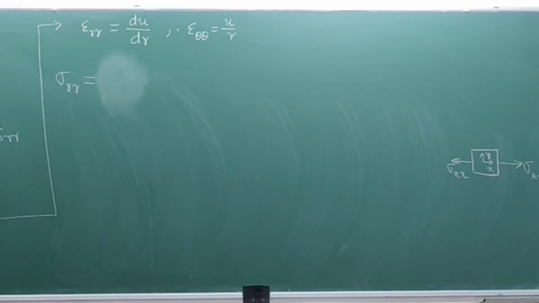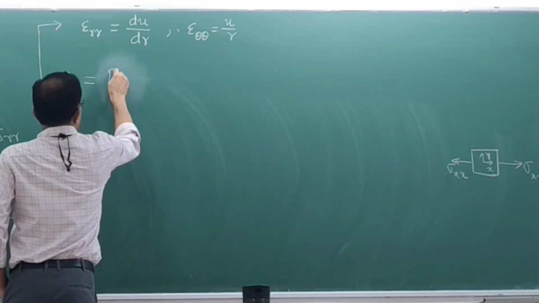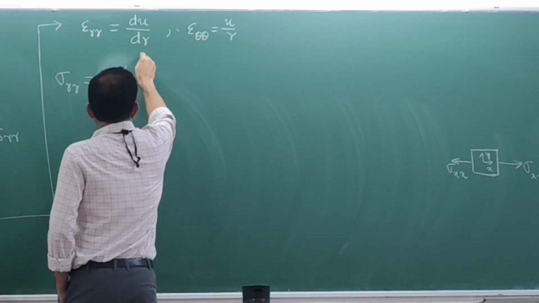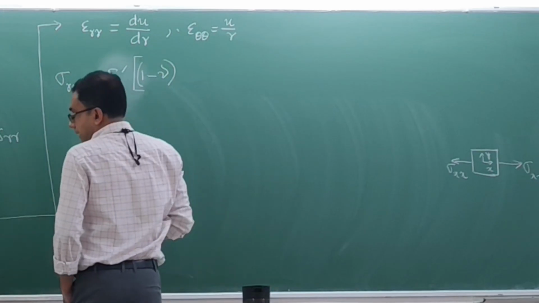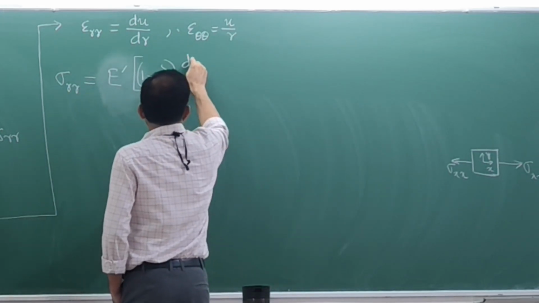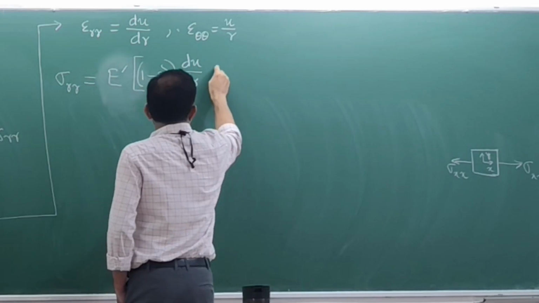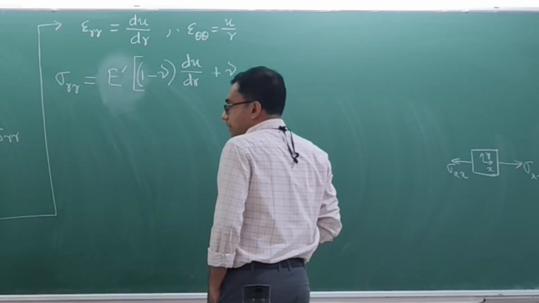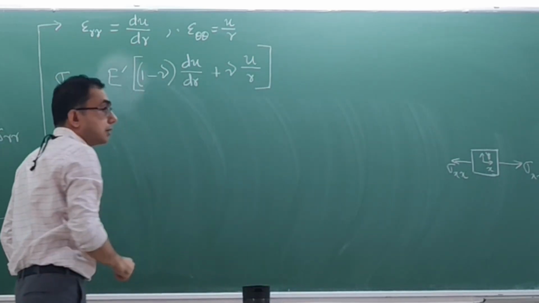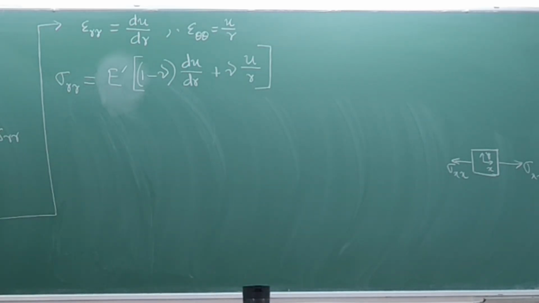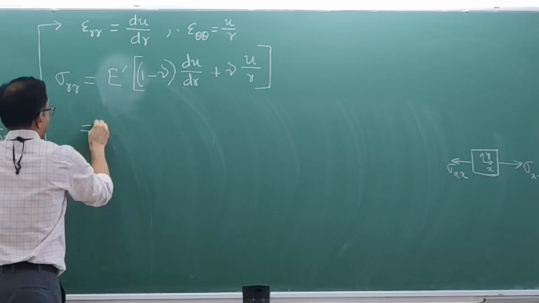Please don't think that this is d dr. So E dash times 1 minus nu epsilon RR, so this is du dr, plus nu epsilon theta theta, which is u by r. Now we can make the substitution that u is equal to a1 r plus a2 by r. So what are we going to get?